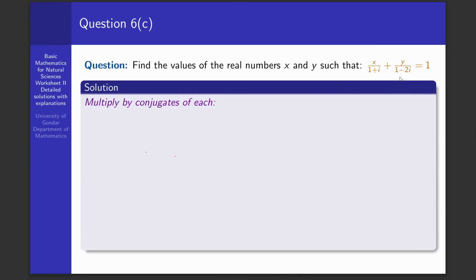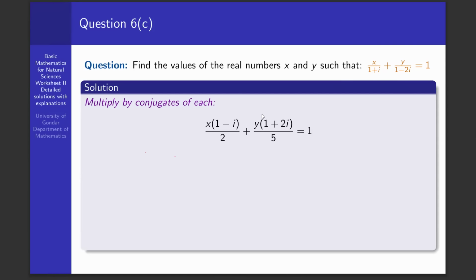The solution will be to multiply by the conjugates of each. That means in order to write each complex number in standard form, we have to multiply x over 1 plus i by the complex conjugate of 1 plus i, and y over 1 minus 2i by the complex conjugate of 1 minus 2i, which is 1 plus 2i.